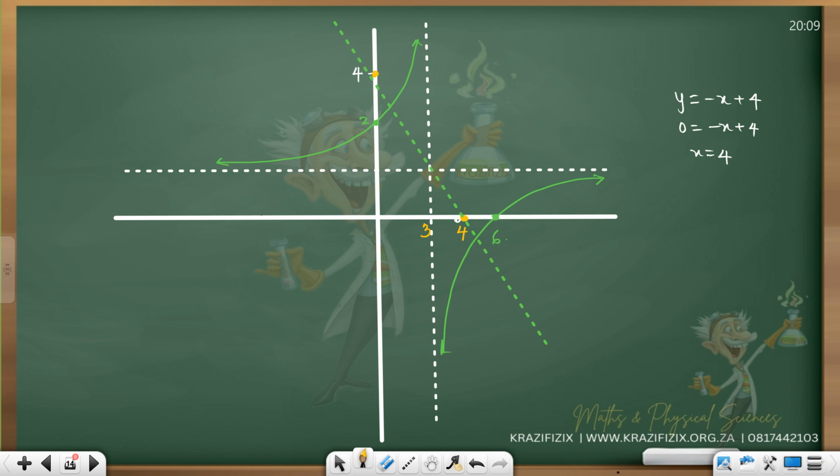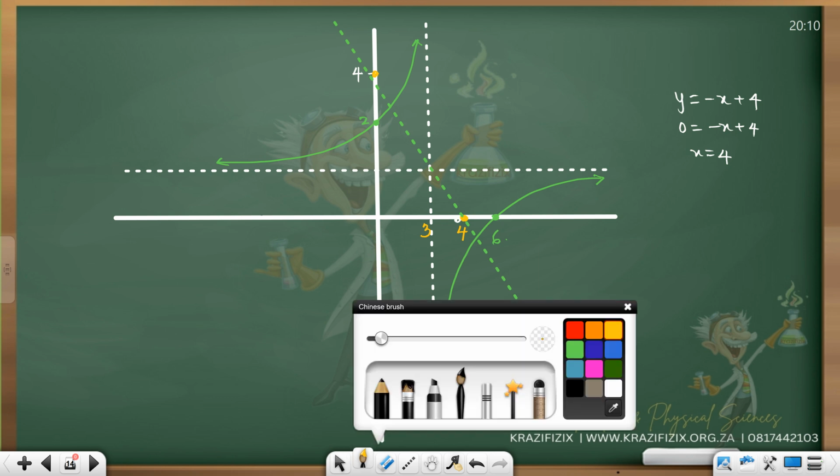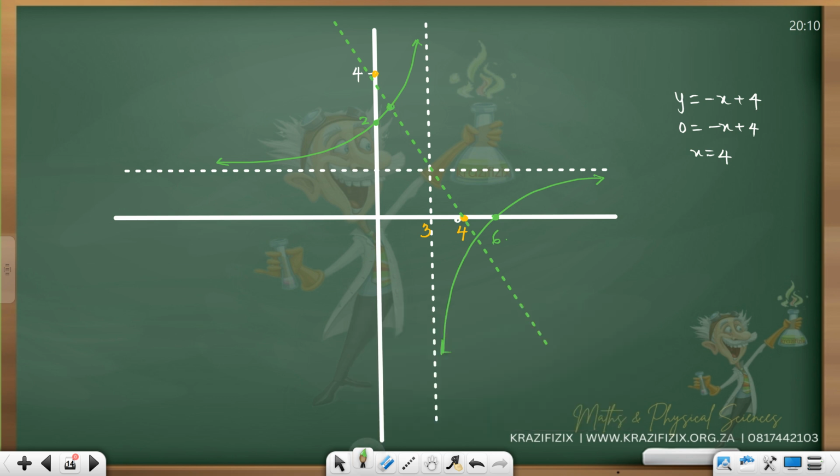This is 4, and that's negative 4. I want to look for this coordinate A. No, this graph would not help me.